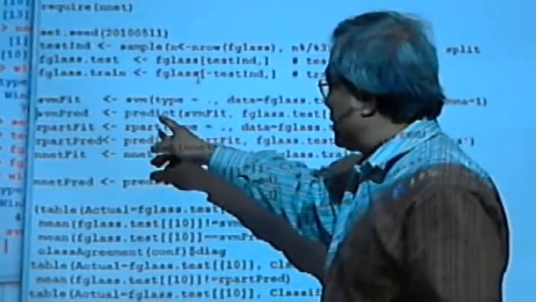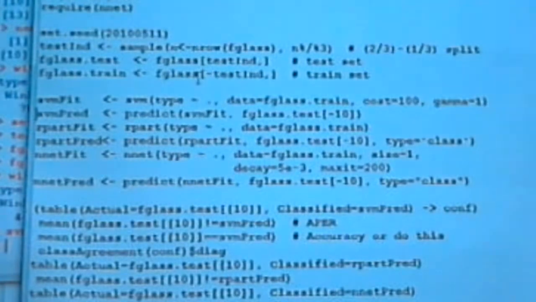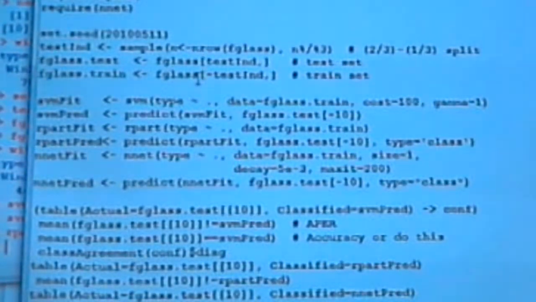And then here, this is a predict function, this is how we predict the class membership using this predict function right here. So here's support vector machine fit, and then let's also run rpart fit and rpart predictor. Let's run several of them. Let's see what happens.